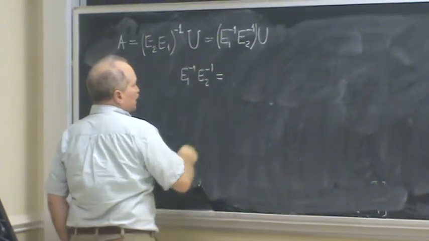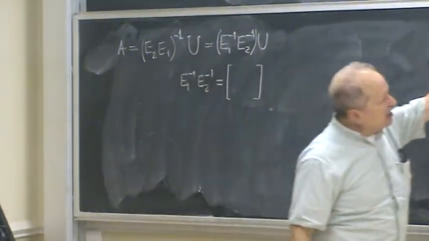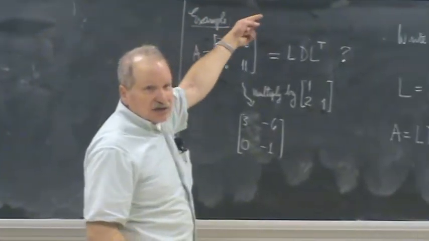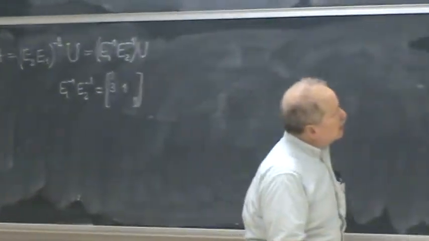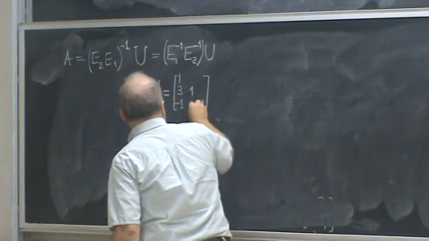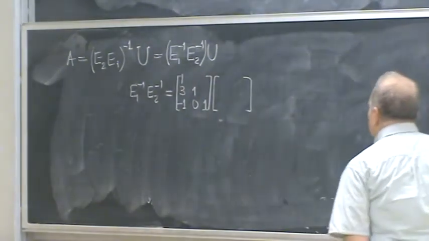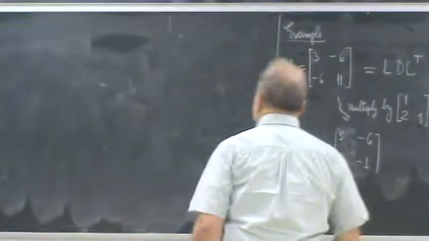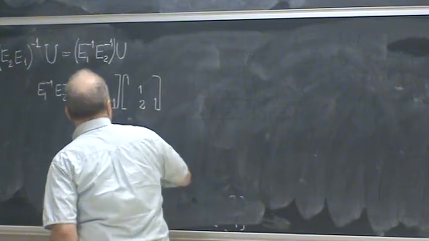To undo adding -3 times the first row to the second, you add +3 times the first row to the second. And to undo adding 1 times the first row to the third, you do -1 times the first row. And then to undo E2, I should just have a +2 there.